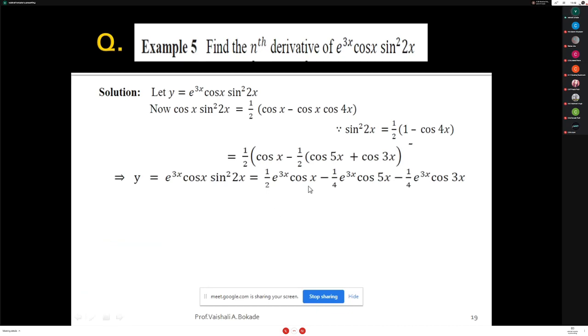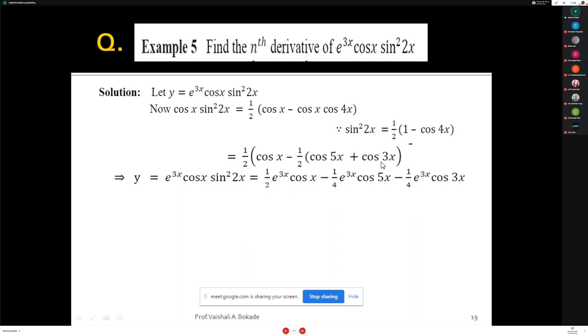So what I'm doing here, I'm multiplying and dividing by 2, so it becomes 1 by 2 times 2 cos A into cos B, which is cos of A plus B plus cos of A minus B. Here A is x and B is 4x, so it becomes cos 5x plus cos of x minus 4x, that is cos of minus 3x.